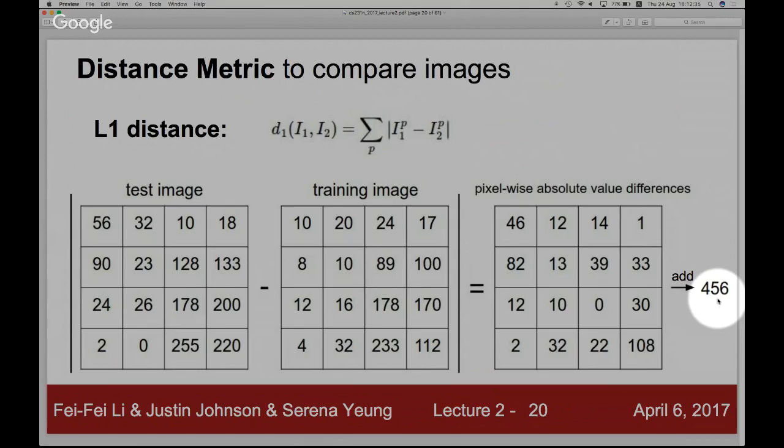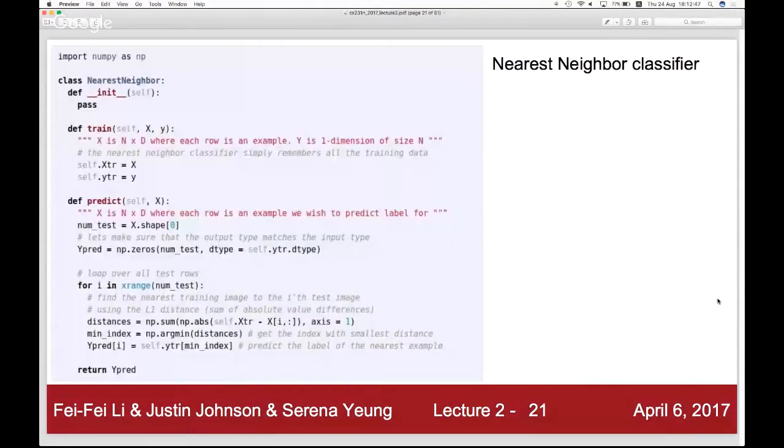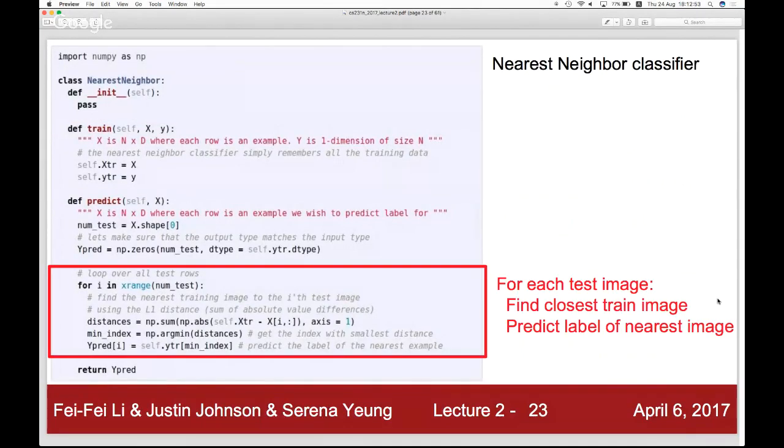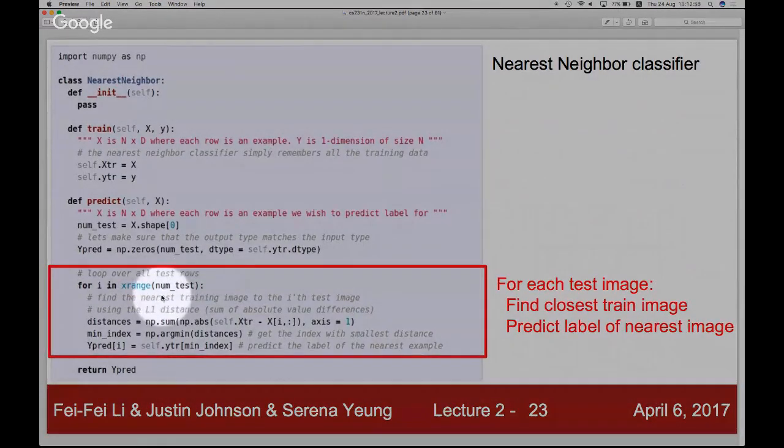So with this type of distance value, we can compute for any test image the distance between it and a training image. That led us to the nearest neighbor algorithm, which basically says we don't do anything to the training data, we just memorize it. But when we do the prediction, we have to loop over every single image in the training data.